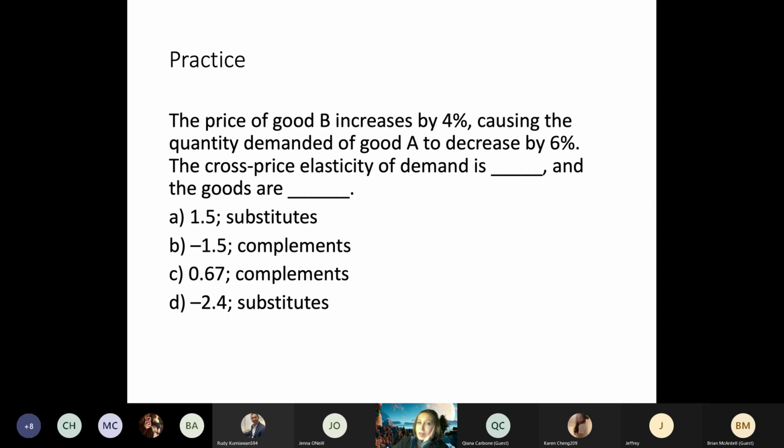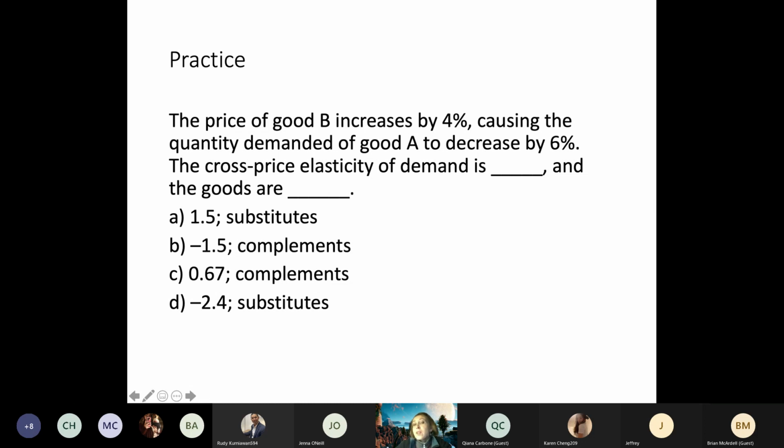The price of good B, that's an example, increases by 4%, causing the quantity demanded of good A to decrease by 6%. So we need to compute the cross price elasticity of demand. Here, if we just answer the first one, we don't even have to answer the second one. Something increases, the other decreases, so that is a negative sign.